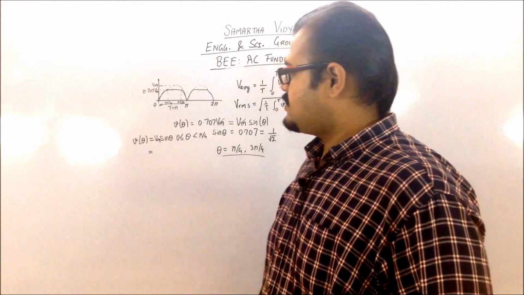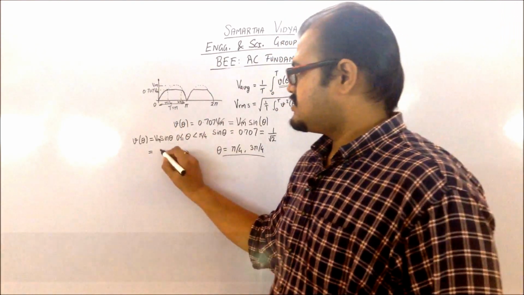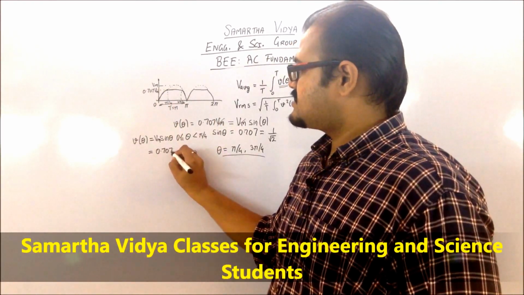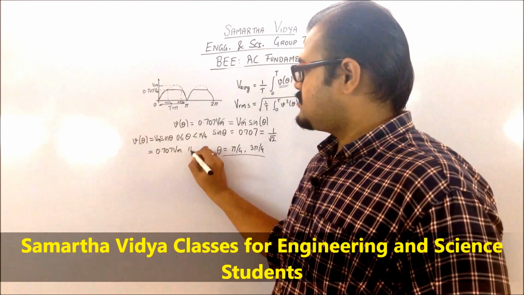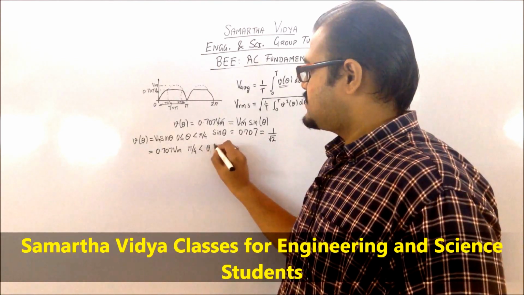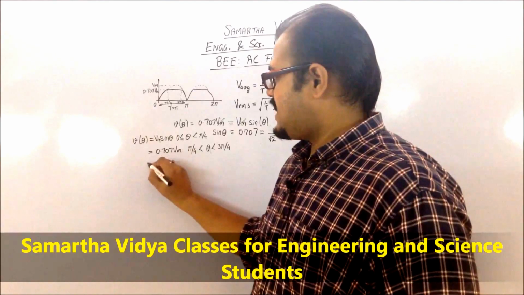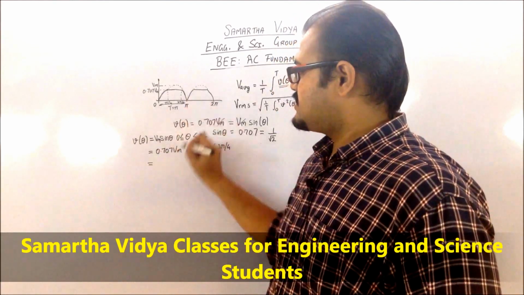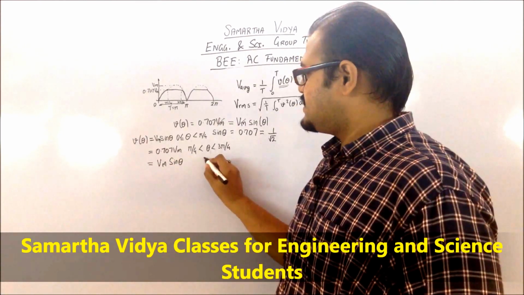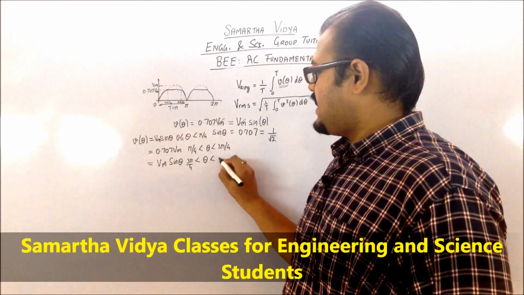From pi by 4 to 3 pi by 4, it is following a straight constant line, that is 0.707 Vm. And after that it is going again with the sine wave, that is Vm sine theta, where theta is lying between 3 pi by 4 and pi.